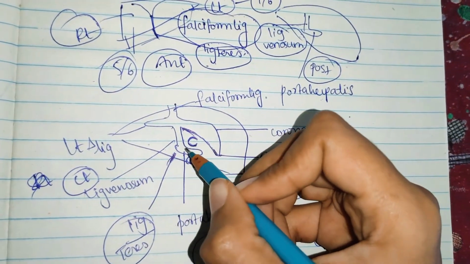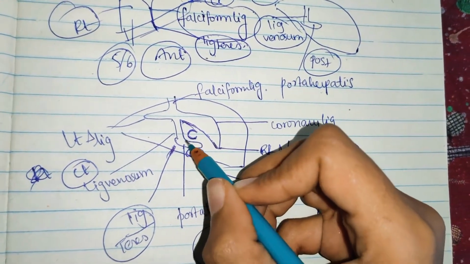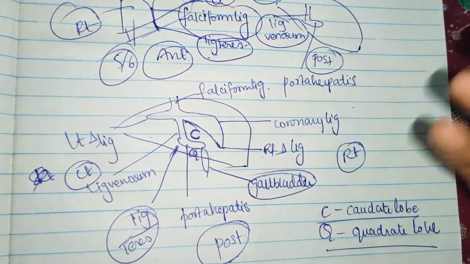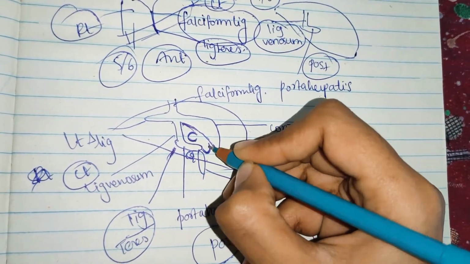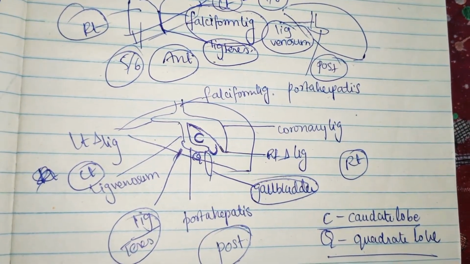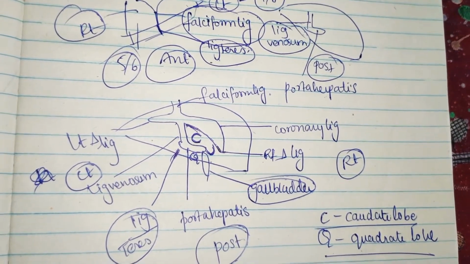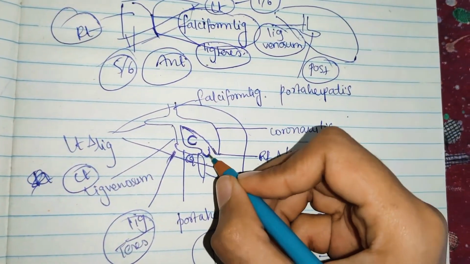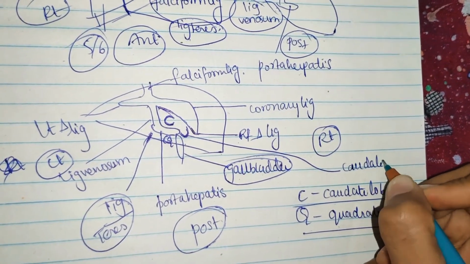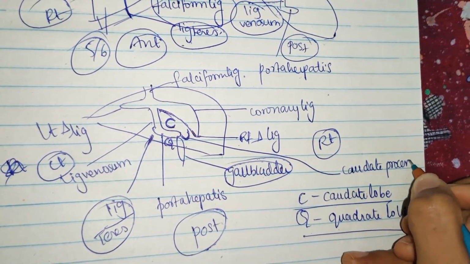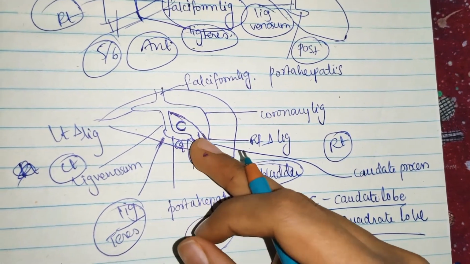Okay, and inferiorly you will have the porta hepatis, and towards the right side it forms a process like this, and this is called the caudate process. Okay, so by means of the caudate process it will communicate with the right side of the liver.